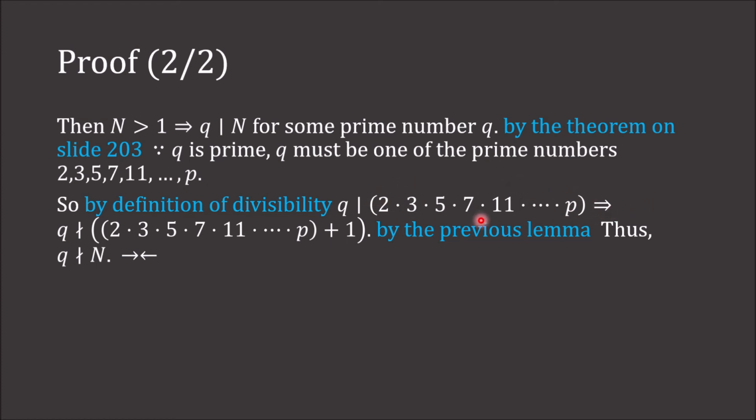This implies, however, that q cannot divide 2 times 3 times 5 times 7 times 11 times p plus 1. This is by the lemma. Thus, q does not divide N, because we said this was big N. So q divides N, and q does not divide N. This is a contradiction. So our original assumption must be incorrect. Thus, the set of prime numbers must be infinite.